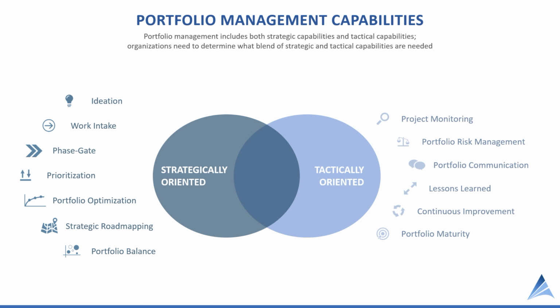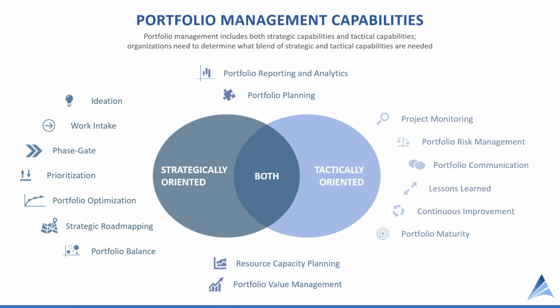Then to balance that, we have some tactically oriented capabilities, things that are the nuts and bolts of portfolio management: project monitoring and status reporting, risk management, communication, lessons learned, process improvement, portfolio maturity. Those are very much focused on our processes and how we do portfolio management, along with the actual tracking of the work.